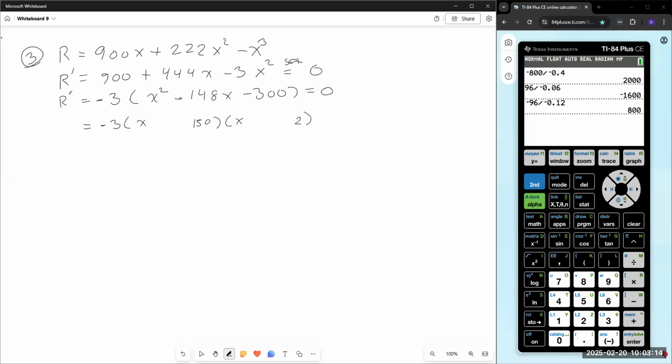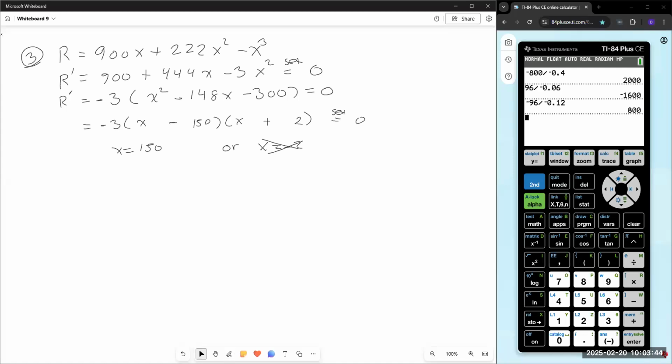They have a difference of 148, and the 150 needs to be negative, and the 2 needs to be positive, so that they add together to give me a negative 148. Now, if I set this equal to 0, that's going to be that x is equal to 150, or x is equal to negative 2. x equals negative 2 doesn't make any sense, because we're talking about production. We have to have a positive number of units.